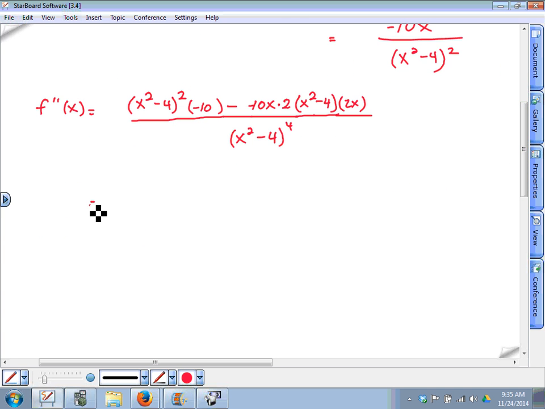If you combine everything, this is negative 10 times x squared minus 4 squared, plus 40x squared times x squared minus 4.